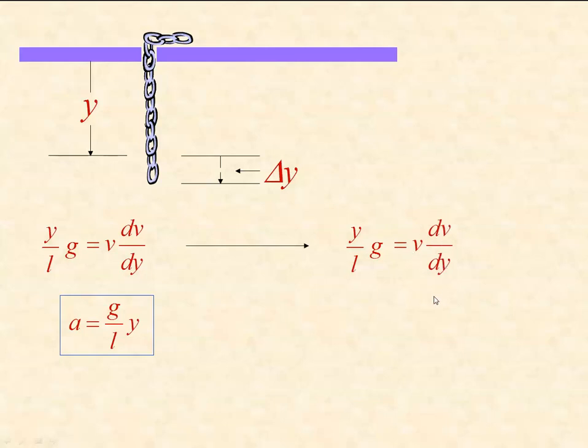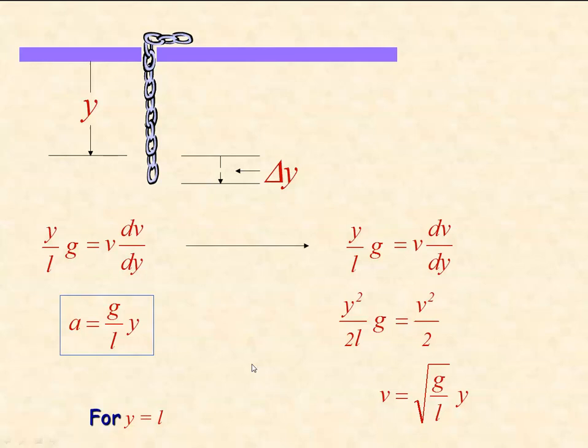Now, if we look at (y over L) g equal to v dv/dy, if you're trying to find out what the velocity is, then we can separate out the variables and we'll have y squared over 2, and then there's your g over L, and then you're going to have v squared over 2. And so you can solve for your velocity out of this. The 2's cancel out, and the square root of y squared is y, so you get the square root of g over L times y.